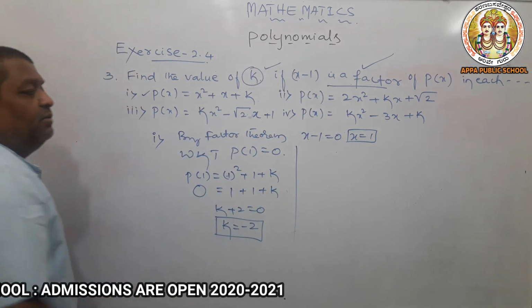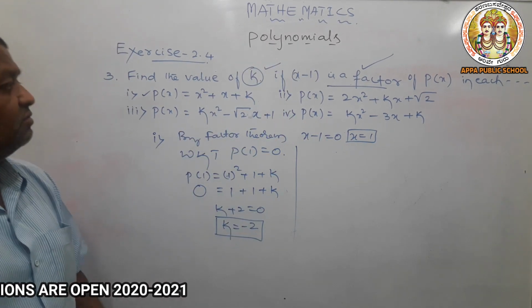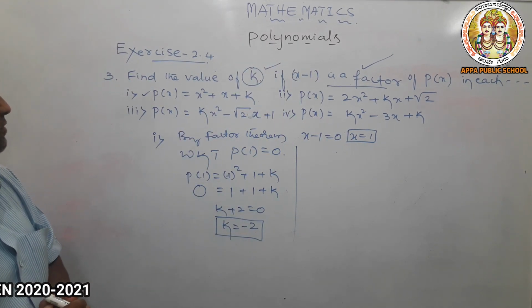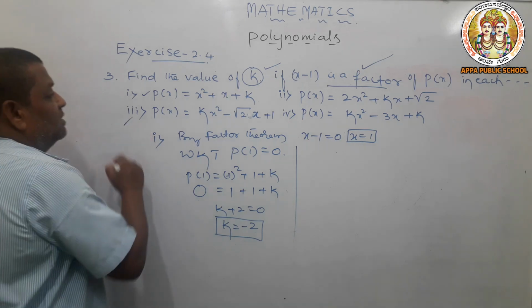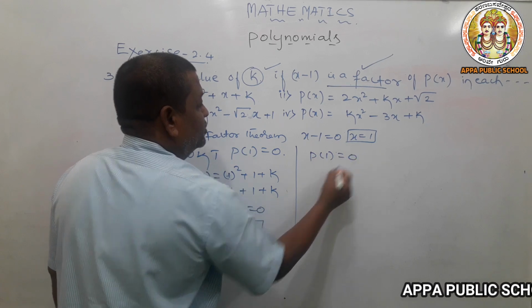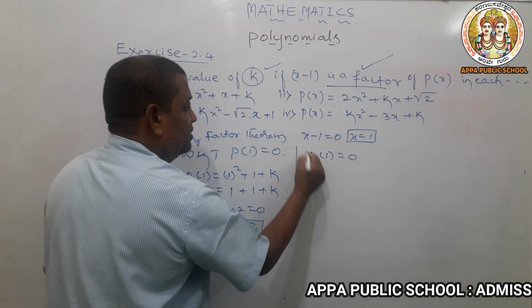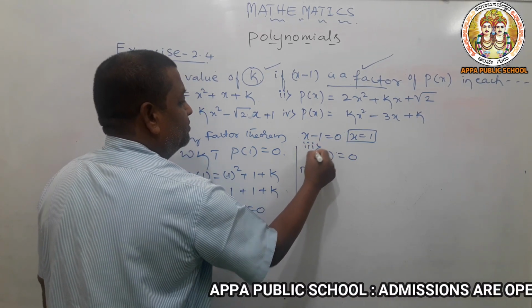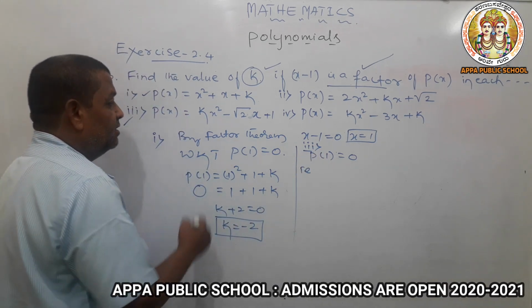So the same idea we are using for this fourth one also. Let me take a different one. Third: once again, P of 1 is equal to 0. This is the third sum.